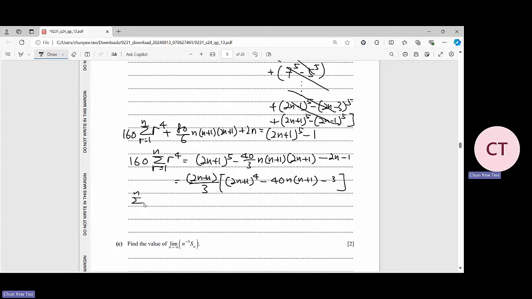Yeah, just like that. Then I bring the 160 to the right hand side. This one using the binomial expansion. So I got 3.